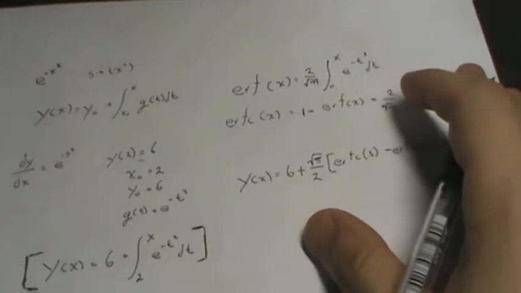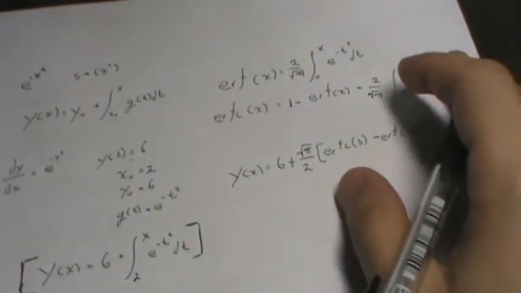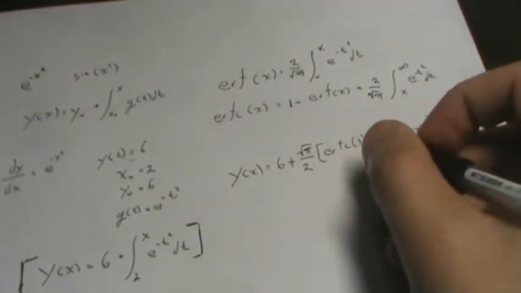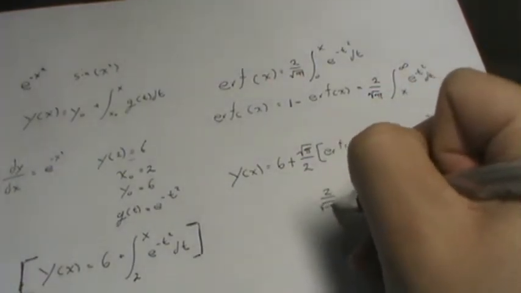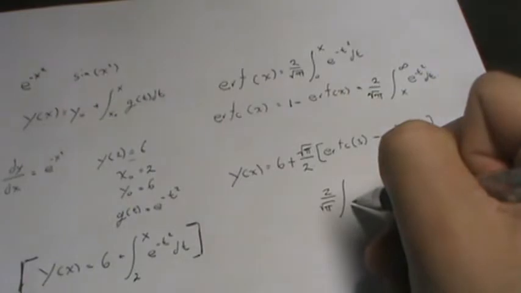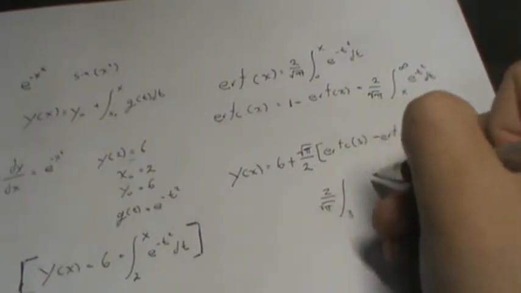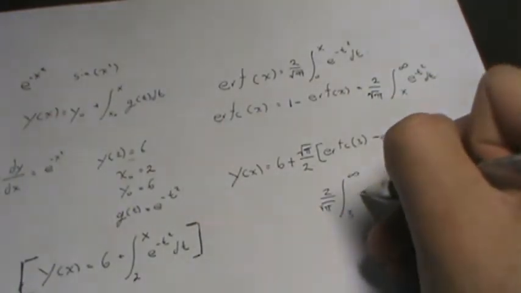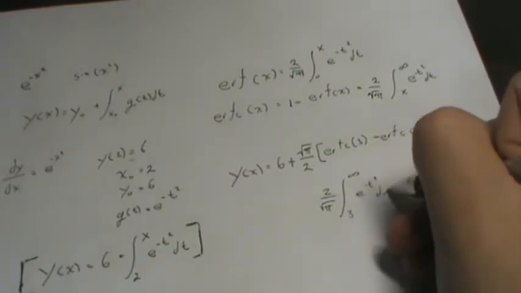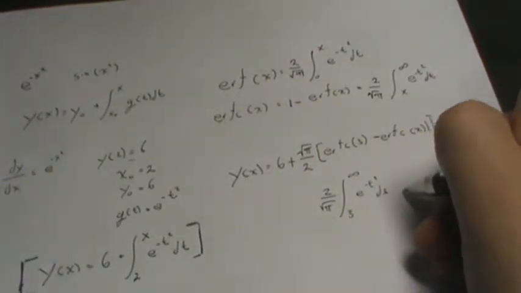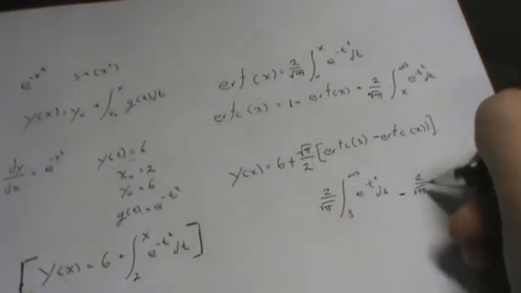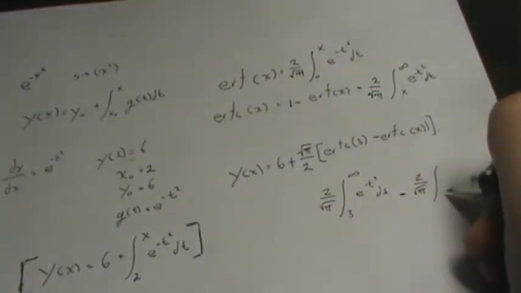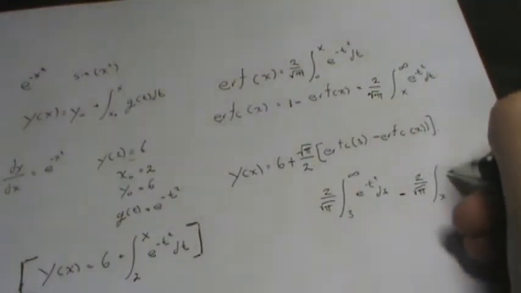I know it looks very scary, but let's see how. The ERFC of 2 that is in here will be 2 over the square root of pi, now we change the x, so it's going to be the integral from 2 to infinity of e to the minus t squared dt, and now minus 2 over the square root of pi, the integral from x to infinity.